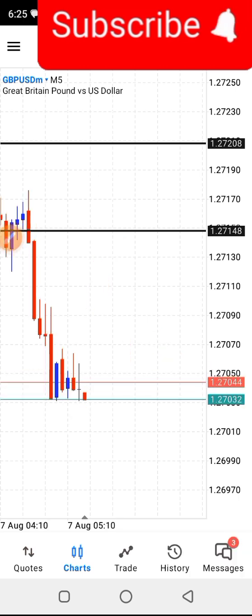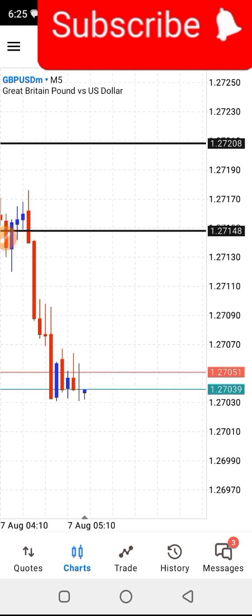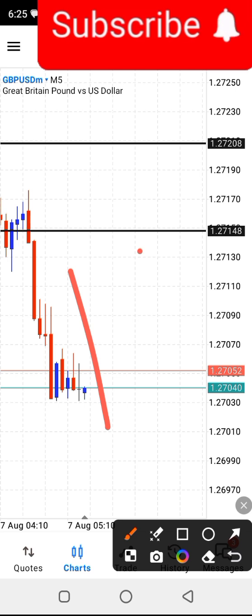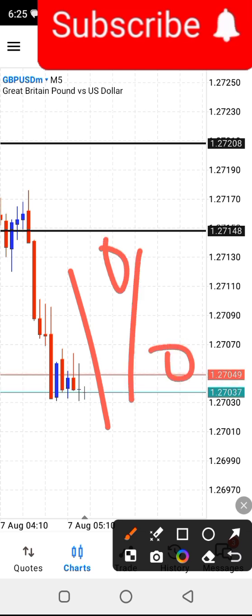And if you are a little bit aggressive, you can start with 1%. You can start with risking just 1% of your balance. This is also advisable.